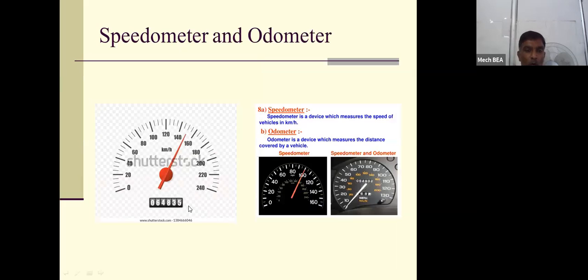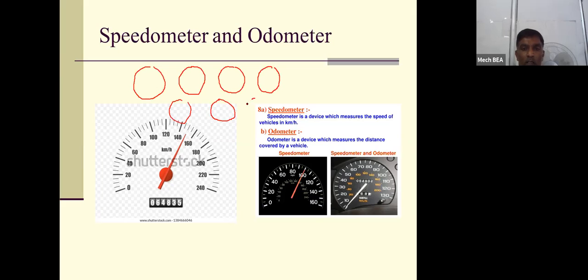Then one of the important and confusing terms is speedometer and odometer. So you should know what is speedometer and what is odometer. On the vehicle dashboard, or any automobile dashboard, there are a number of such structures.